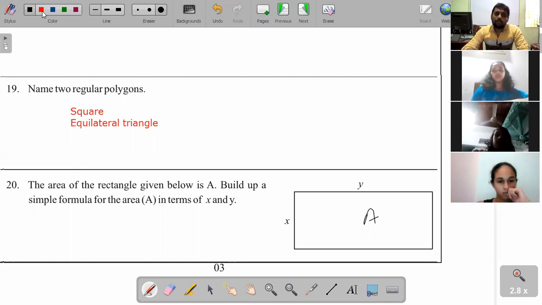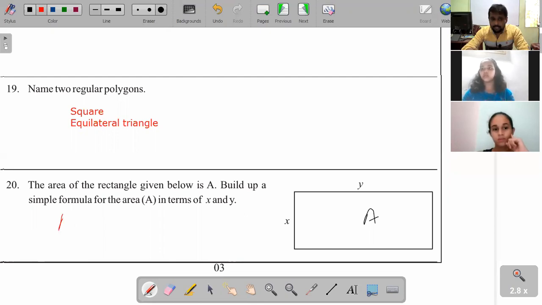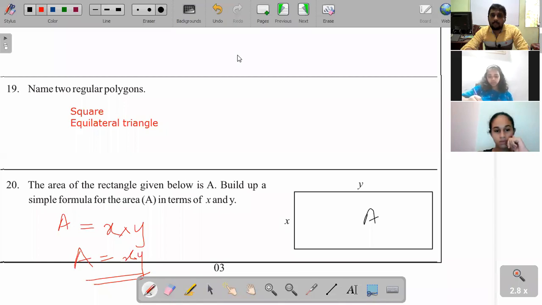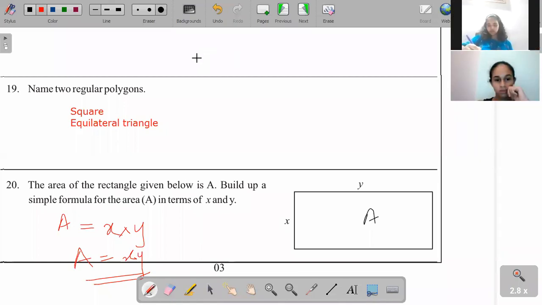How do you find the area of a rectangle? Length into breadth. So capital A, that's the area, equals length into breadth. x multiply y. So capital A equals xy.